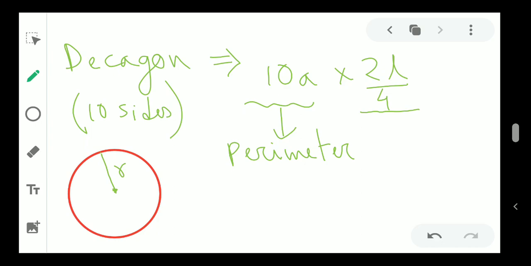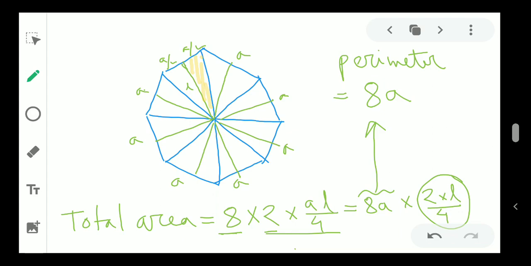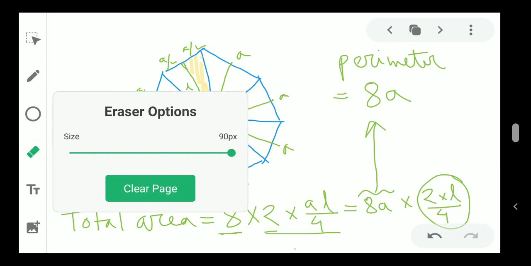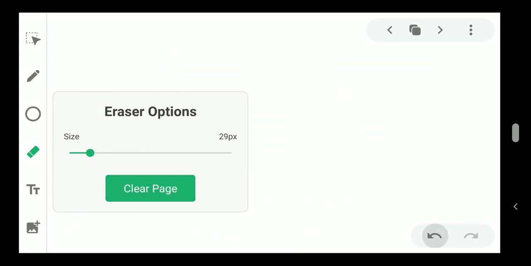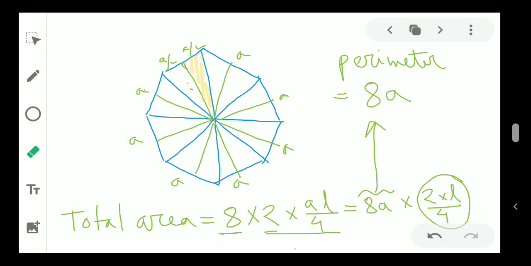So instead of L, I can write radius here. Or what I can do, instead of writing L here, I can write these all as R. So that there will be no confusion, I will make all of this R here.